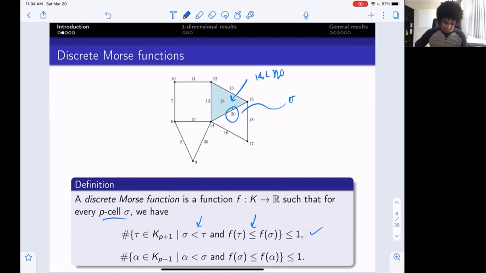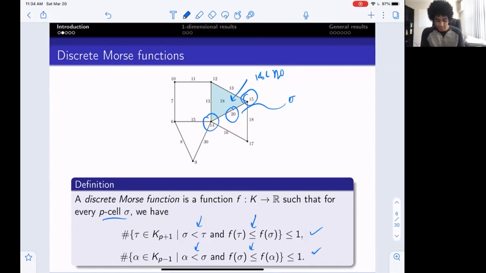The second condition says that of the lower dimensional neighbors of sigma, at most one of them can have a value that is greater than or equal to the one assigned at sigma. So in this case, sigma has two zero-dimensional neighbors. Both of the values are less than it, so the second set does actually have cardinality 0. So we're fine there as well.